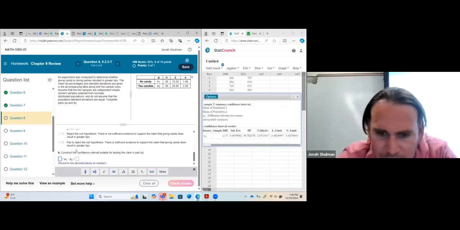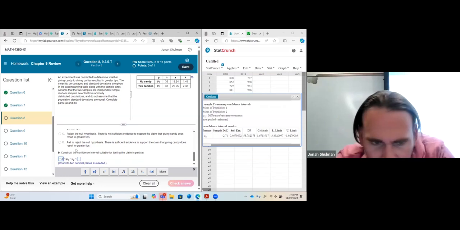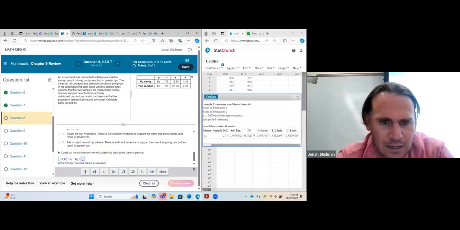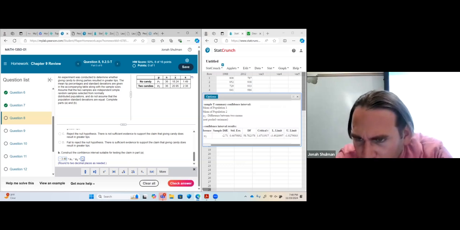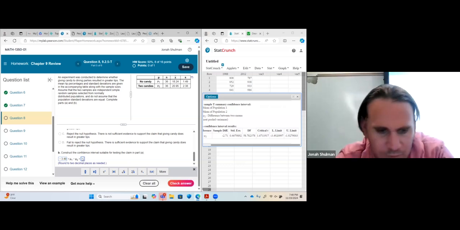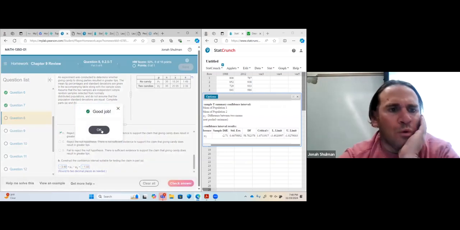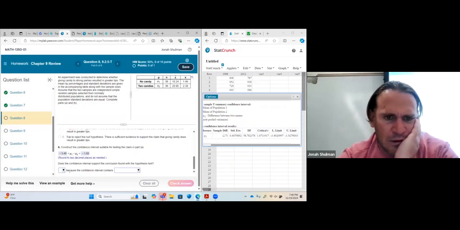So we're talking a negative 3.49 and a negative 1.93. Cool. Yes, because the confidence interval has only negative values.